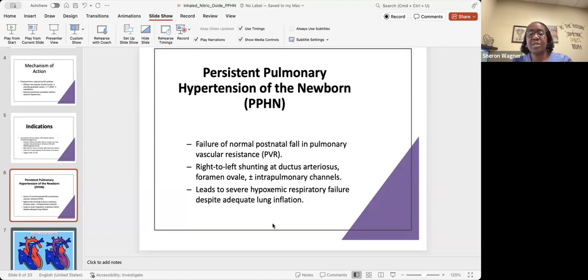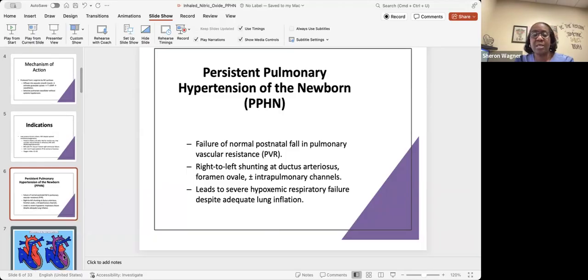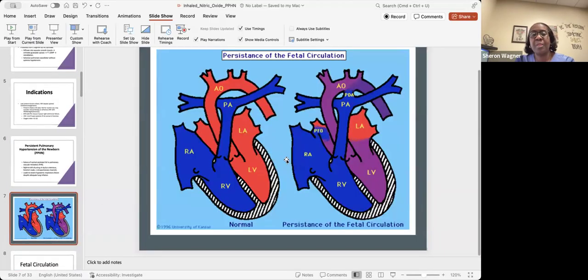Right to left shunting at the ductus arteriosus is generally where the shunting occurs, or it can be at the PFO as well. And this leads to severe hypoxemic respiratory failure despite adequate lung inflation.